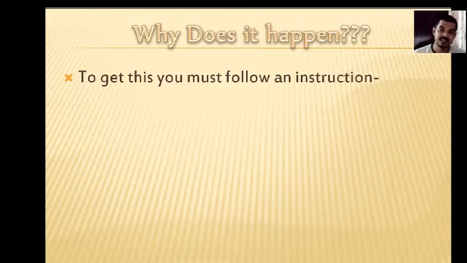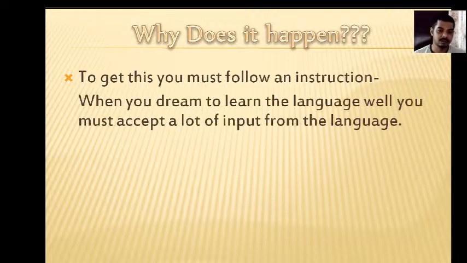To get this, you must follow an instruction. What's that instruction? When you dream to learn the language well, you must accept a lot of input from the language. So learning of a language has a very simple trick.